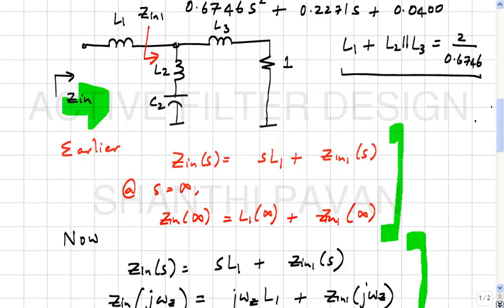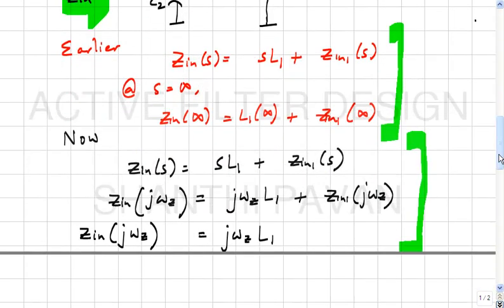So if I evaluate Zn of S at j omega Z, then that must by definition be equal to j omega Z times L1 plus Zn1 evaluated at j omega Z. But we do know that Zn1 evaluated at j omega Z must be 0 because of the series LC branch.